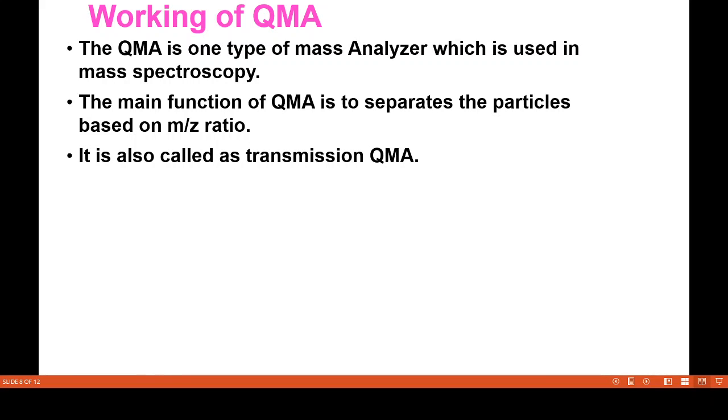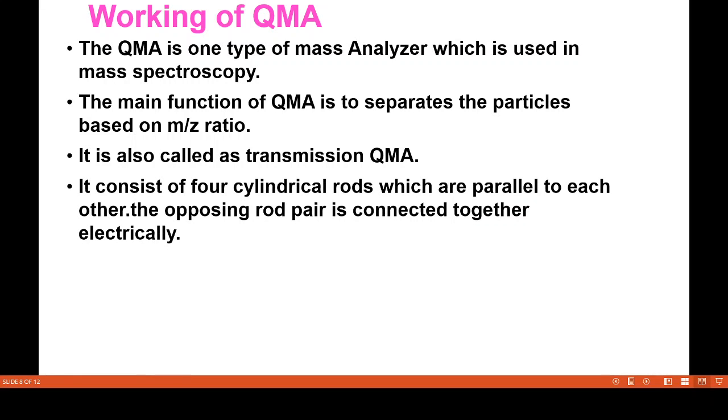It is also called the transmission quadrupole mass analyzer because ions are transmitted through those cylindrical rods. Hence the name is transmission quadrupole mass analyzer. It consists of 4 cylindrical rods which are parallel to each other. They are arranged in a square, right? The opposing rod pair is connected together electrically.